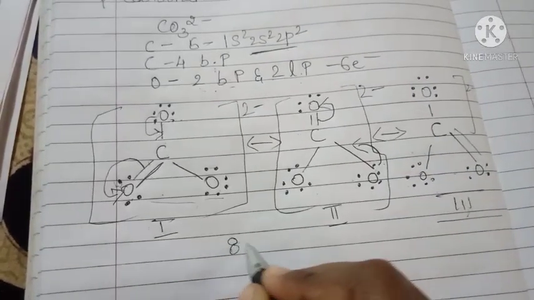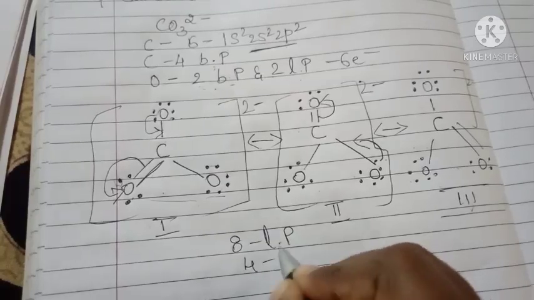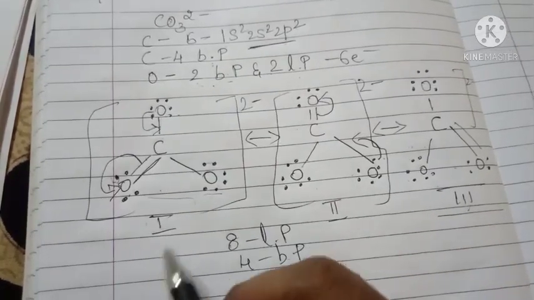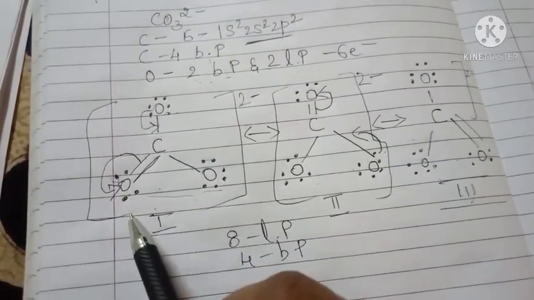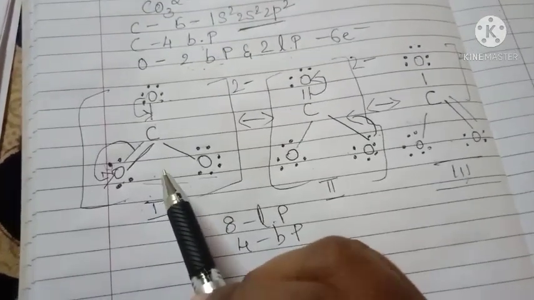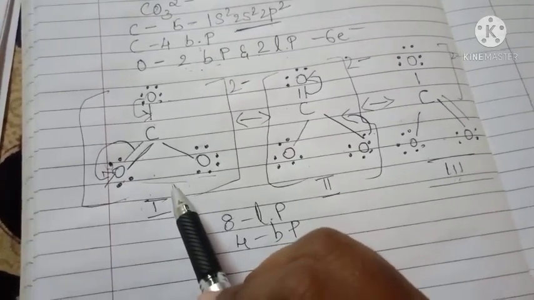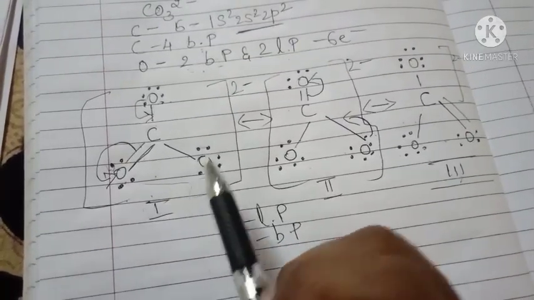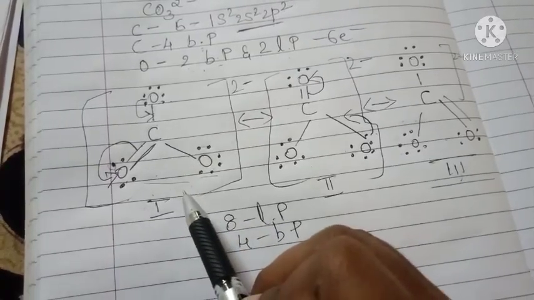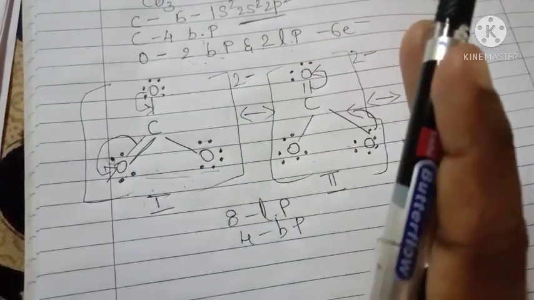So here we have 8 lone pairs and 4 bond pairs. There is no change. Okay, so that's why this is called a resonating structure. In the resonating structure, there is no addition or subtraction of electrons taking place, and it means the number of lone pairs and bond pairs present are the same in each structure.